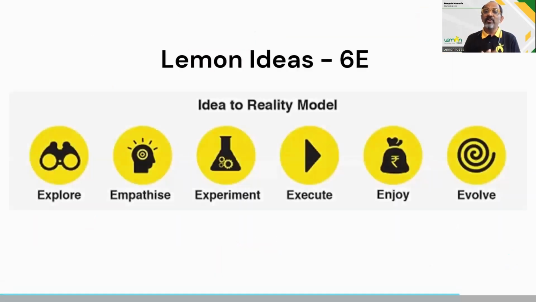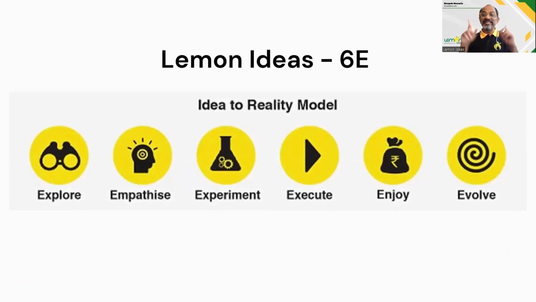So this is our way of idea to reality at Lemon Ideas. We call it the 6E model. Believe me, we realized this model is very similar to design thinking after we built this model. So explore various possibilities, problems, empathize with the problem, try and test a solution, execute it.